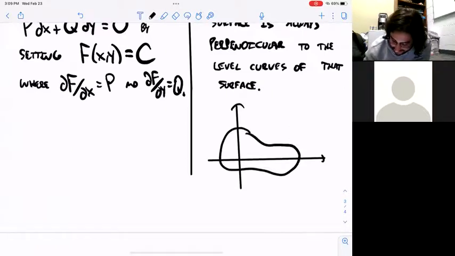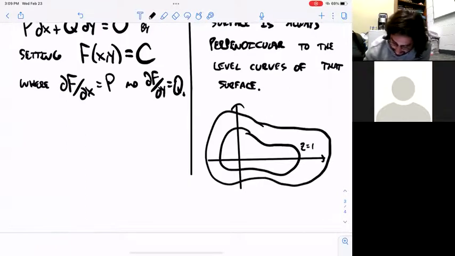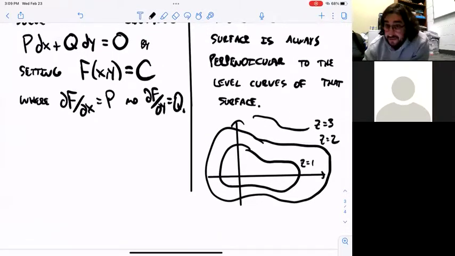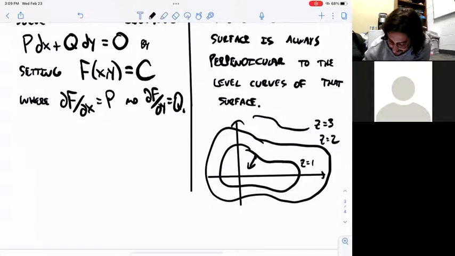So it says if you have z equals 1, z equals 2, z equals 3, etc., and say these are the level curves of a surface, and then you plot the gradient as vectors, anywhere they might be all kinds of different magnitudes, right?